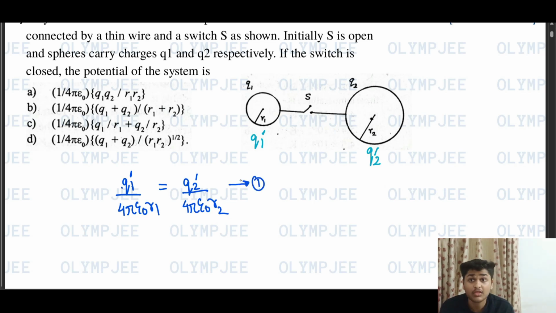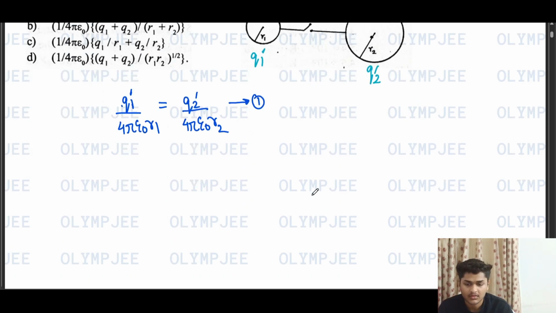and the second equation is of charge conservation because the total charge should be equal before and after closing the switch because charge is not going anywhere, it is on the system only. So q1 plus q2 is equal to q1 dash plus q2 dash.